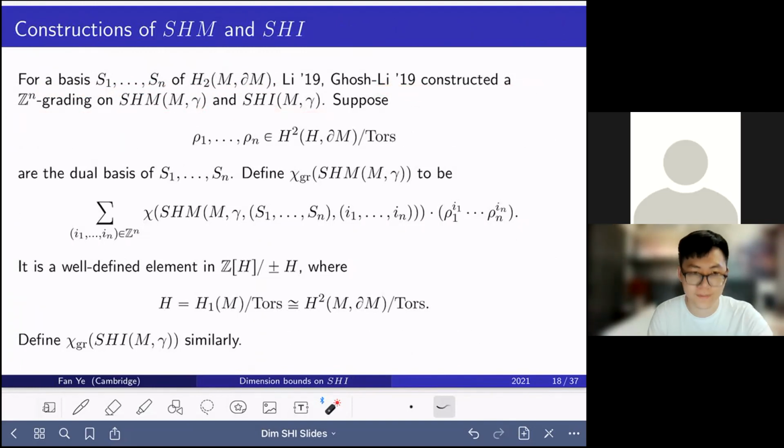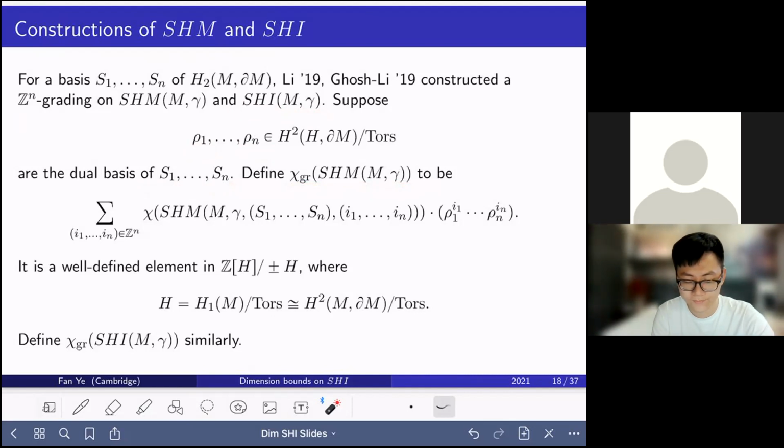Suppose that rho 1 to rho n are the dual basis of S1 to Sn. Then we can define the graded Euler characteristic of SHI as follows.